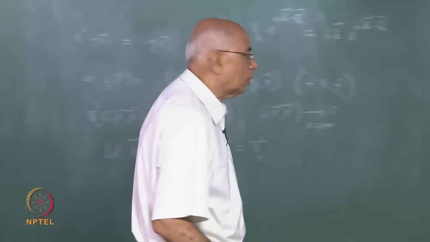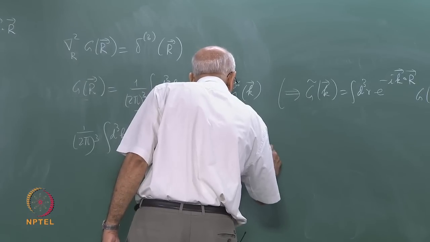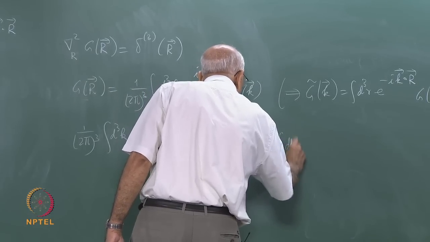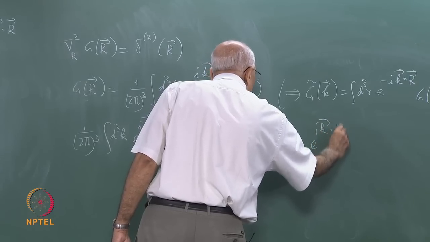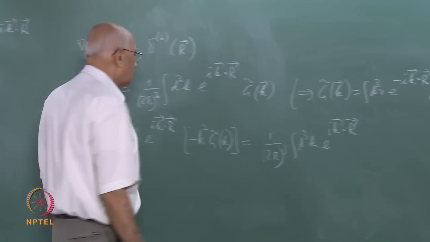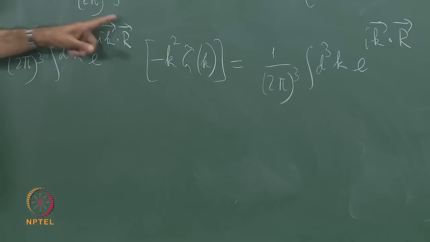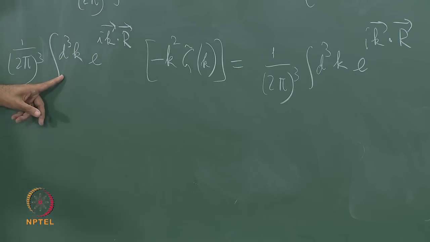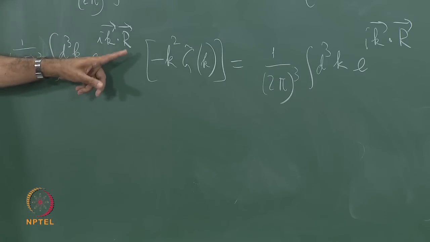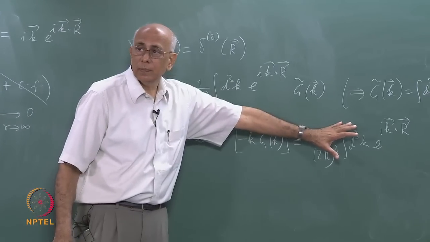The delta function's Fourier transform is just 1, so you can write this as 1 over 2 pi whole cubed integral d3k e to the i k dot r. And this forms a complete set of states for all k integrated over k.